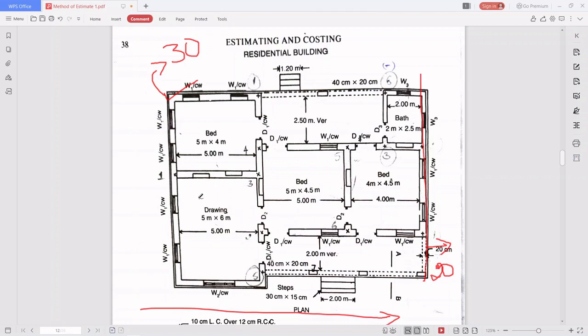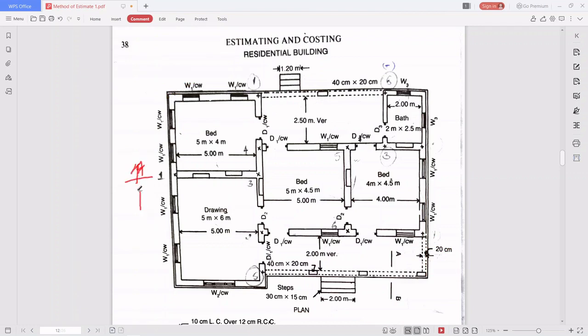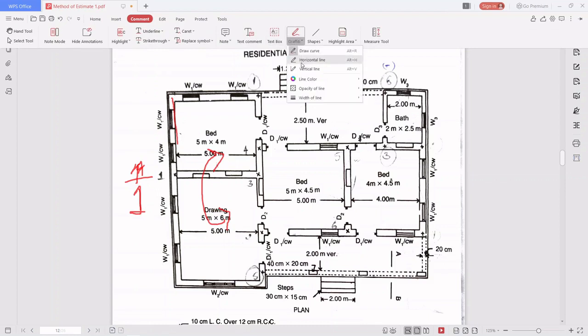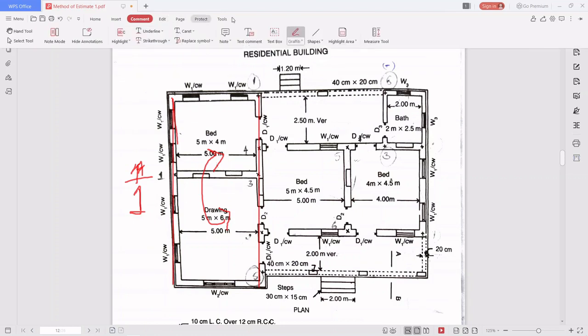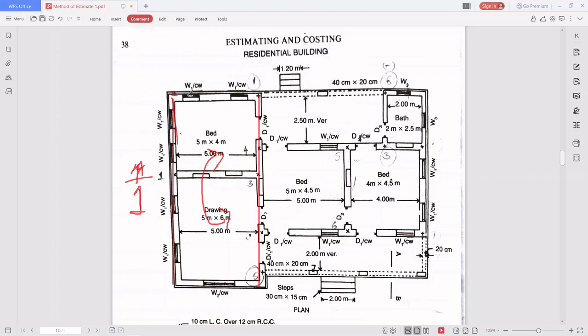Because of this problem, I'll divide the whole building into four parts. The first part I'll take is this drawing room and bedroom.